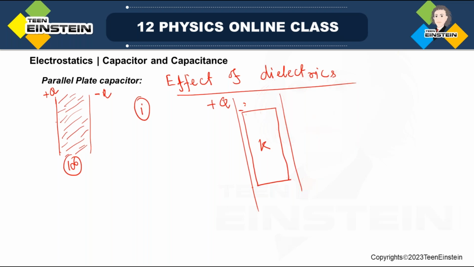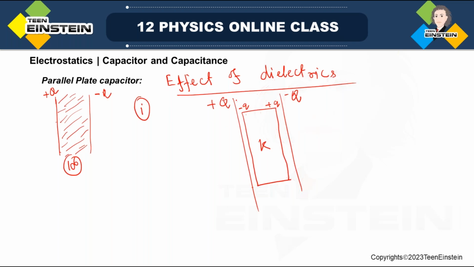That depends on sigma by epsilon 0. So at this place there will be some induction. Suppose this is minus q. Same thing here also. This plate is at minus q. So the same positive charge plus q will be induced in this.